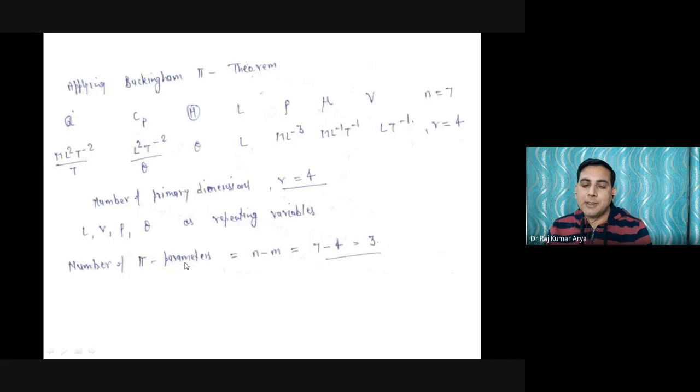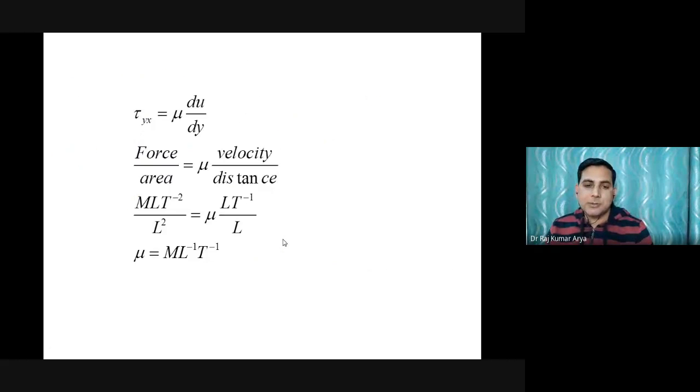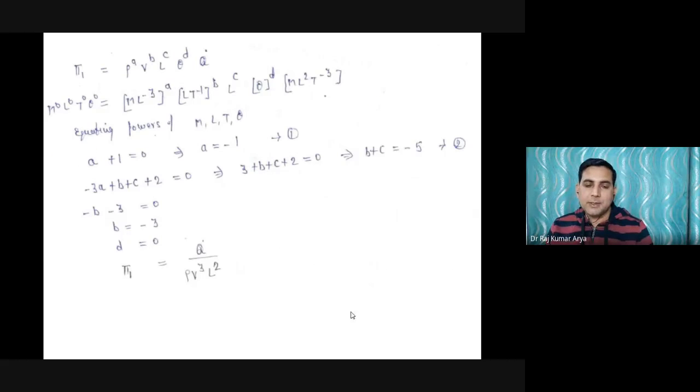Now you can get the number of dimensionless parameters. How many? Your total number of variables, parameters, minus your repeating variables. These can be used in many groups. So total is 7 minus 4, which is 3 groups. Now let's calculate them one by one. Let's say I want to calculate the first dimensionless group.